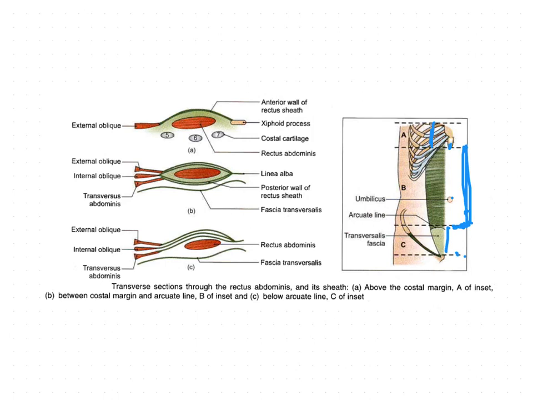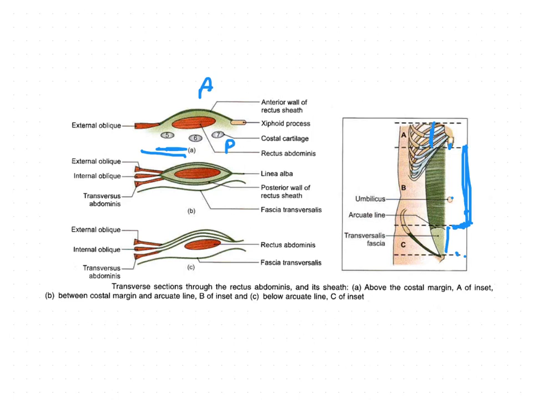If you take a transverse section above the level of the xiphoid process, that is the costal margin, you can find such a transverse section. This one is the anterior and this is the posterior.